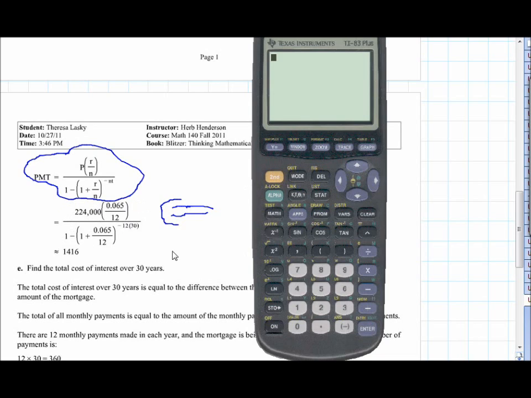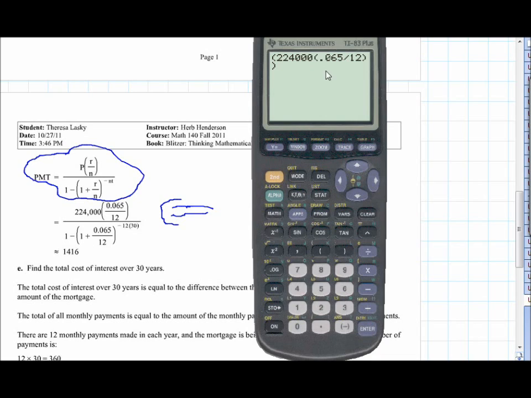So I'm going to put in the 224,000, and I'm going to need another parentheses to put in the 0.065 divided by 12, and then I need a parentheses, and then I need another parentheses which goes with this one right here. These two go with each other. This one and this one go with each other.